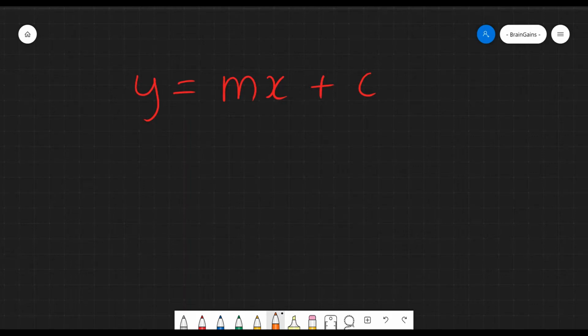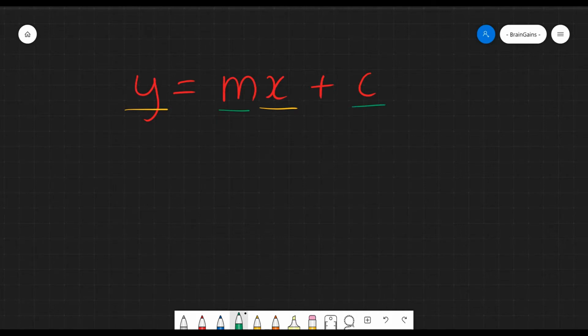When your straight line graph is in the form y equals mx plus c, we have y and x as our variables. m and c are constants, which means that they take particular numerical values.